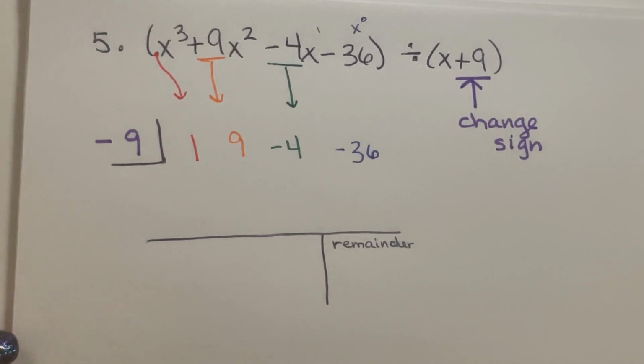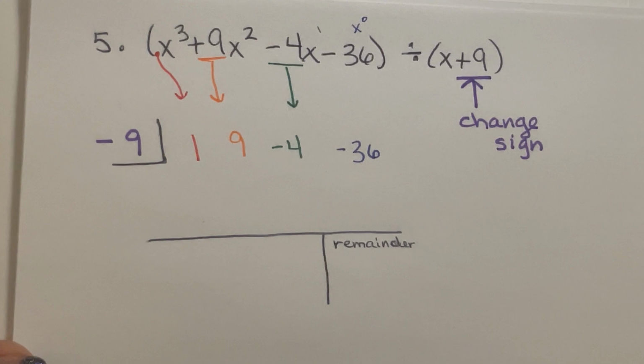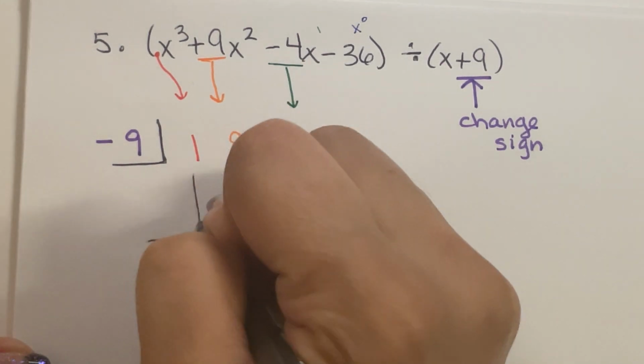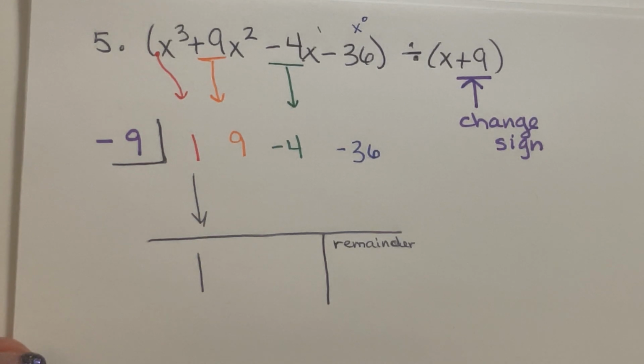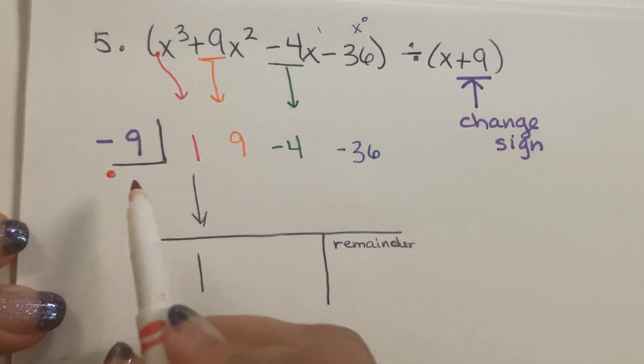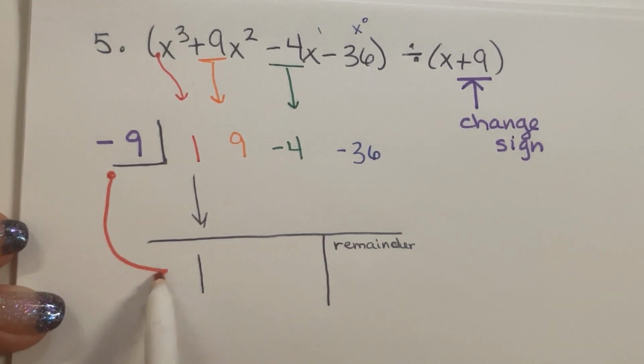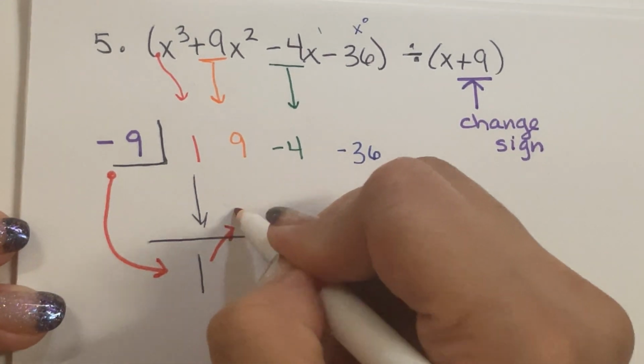On your notes, you may want to write off to the side, step 1, step 2, step 3, until you get to the point where we start repeating. Step 1, bring this first number down. Step 2, take your divisor number and multiply it to this first number. The answer goes right here.